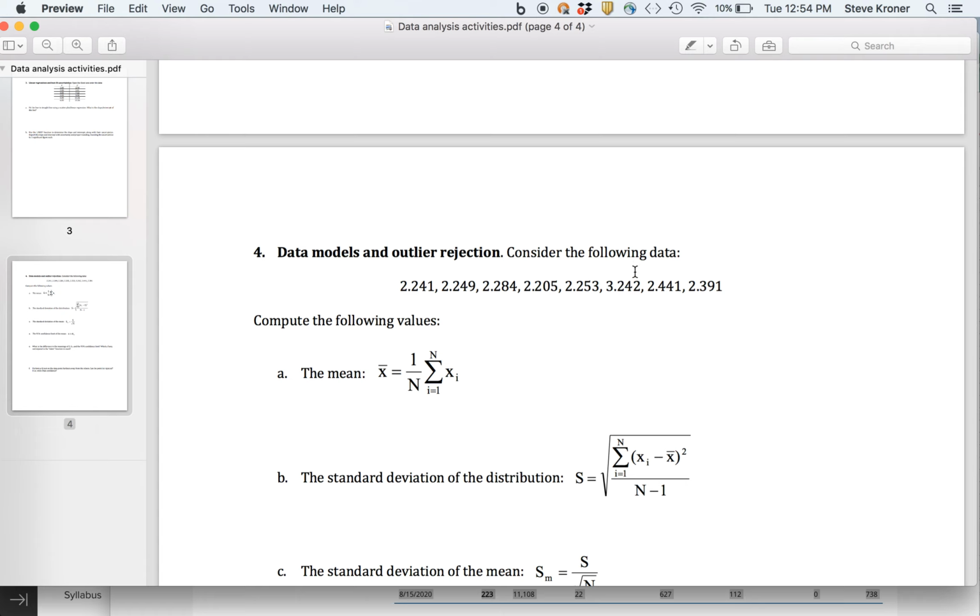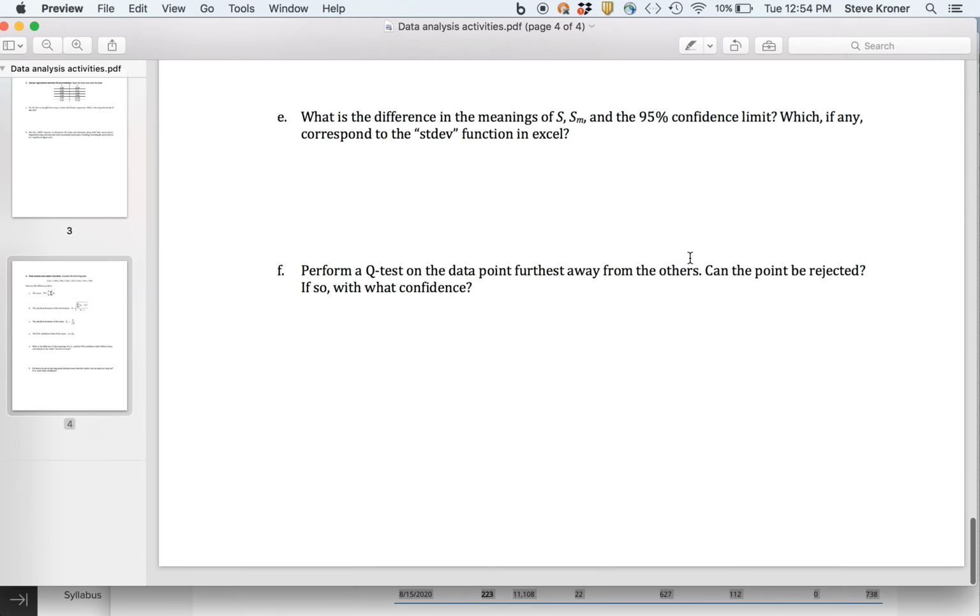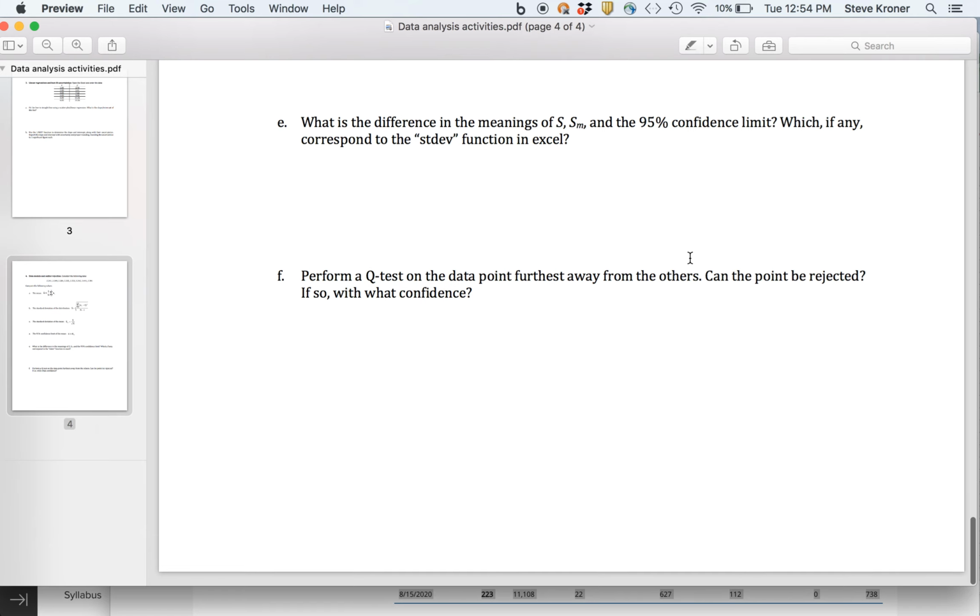I think there's one that really stands out, that 3.2 here looks to be quite far away from the others, so you can try to establish taking the gap versus the range, and then look up in a chart for at least 90% confidence to be able to reject a data point. But again, this should have been discussed in the slides coming into the activity, so hopefully you have some idea of what a Q-test is from those slides.